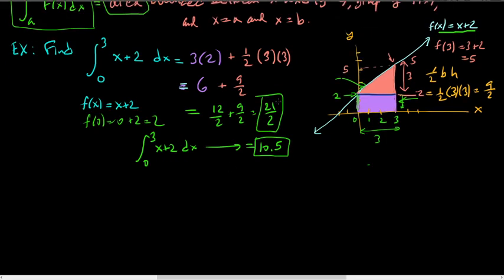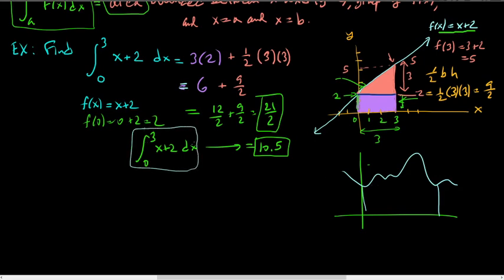But yes, if you had a more complicated function, maybe one that looks like this, then finding the area is not so easy, right? In fact, the idea is we're going to find a way to calculate these types of integrals in general in the next section, section 4.4.